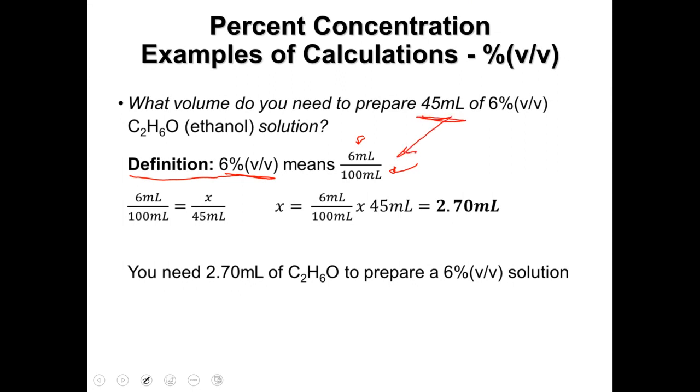So how much would you need? Same reasoning. If you need 6 milliliters to prepare 100 milliliters of solution, how many milliliters of ethanol would you need to prepare 45 milliliters? Resolve this, and you'll come out with 2.7 milliliters of ethanol. That's what you would take and transfer to prepare the 45 milliliters of solution.